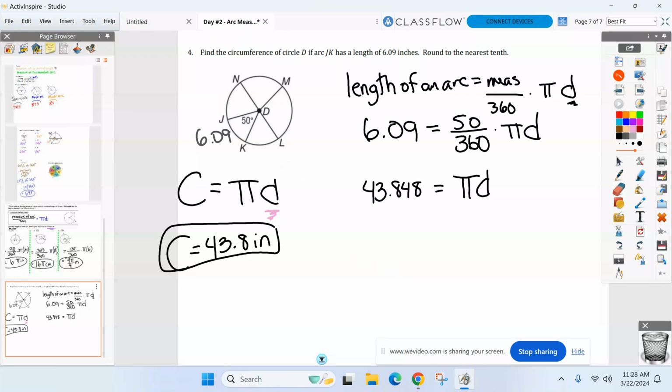Here's why. Pi d, what's that another name for? The circumference. So there was my answer right there. If you saw that, great. If not, who cares, right? Did we get 43.8 at the end? Yeah, we did. So this was just another name for the circumference, whether we saw it or not. We didn't have to divide by pi, but it would still get us to the answer.